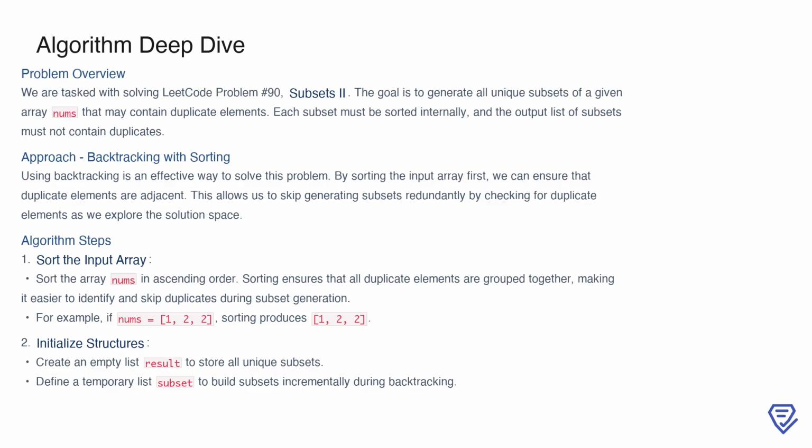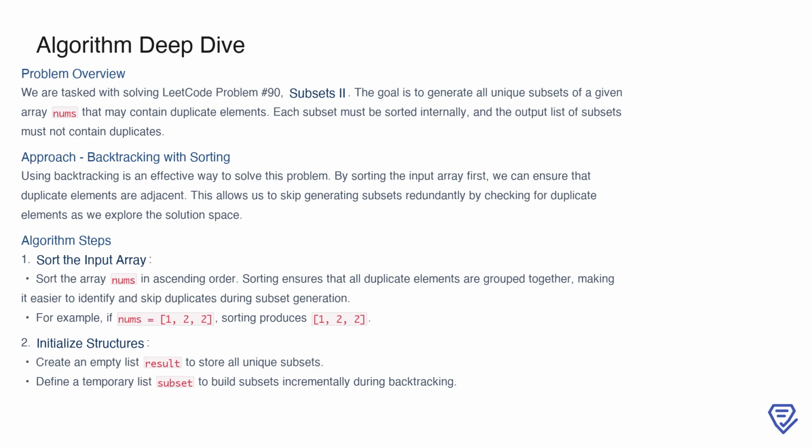By sorting the input array beforehand, duplicate elements are grouped together, making it easier to identify and skip redundant operations during subset generation. For instance, sorting an input like 1, 2, 2 results in 1, 2, 2, which ensures duplicates are adjacent. We'll initialize two key structures, a result list to store all subsets and a temporary list to build subsets during the backtracking process.